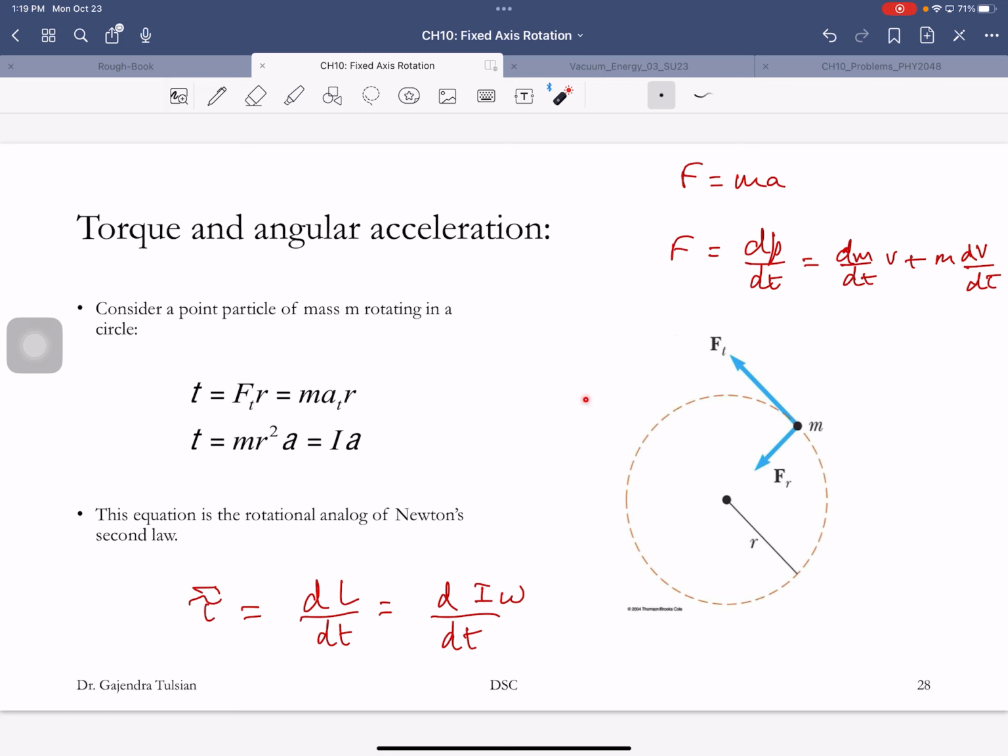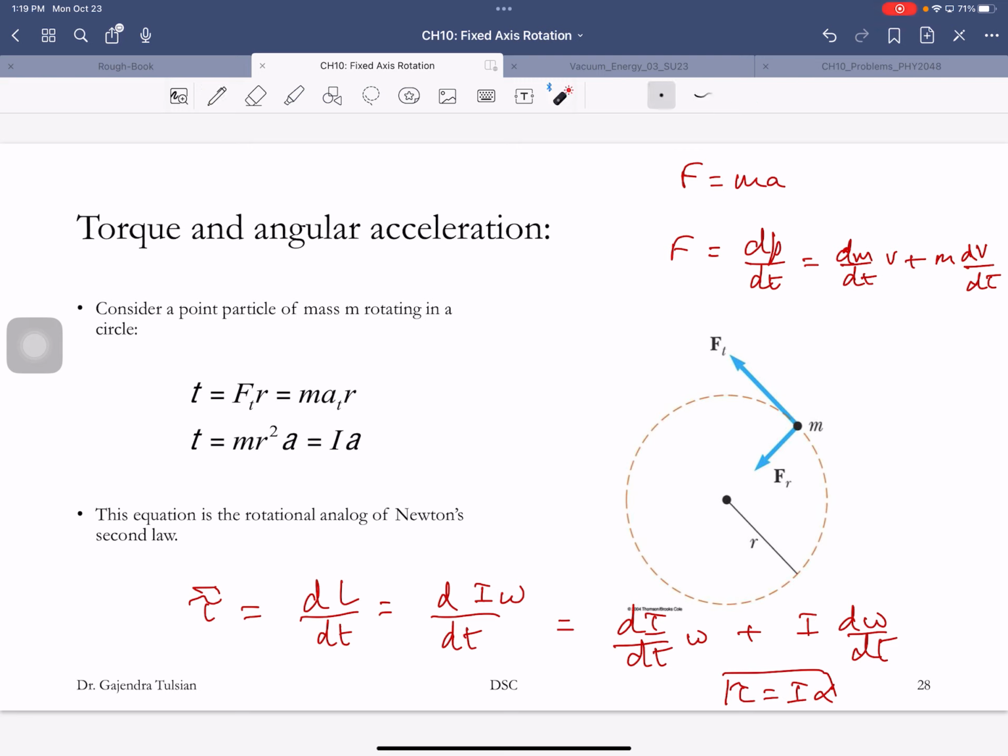The parallel of linear momentum is angular momentum, and this is dL by dt, which is dI by dt times omega plus I times d omega by dt. Now, in situations where moment of inertia does not change, this will be 0, and torque will be equal to I alpha. So here is the special case.